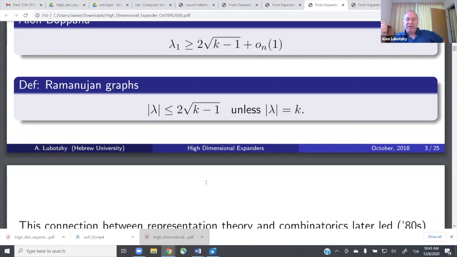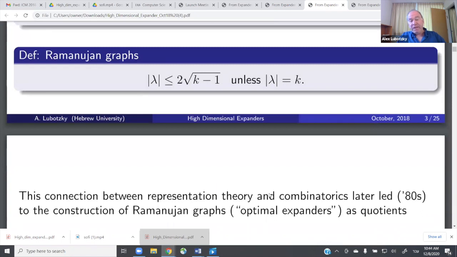In the infinite k-regular tree, if you take the adjacency operator acting on the L2 functions there, the spectrum is exactly the interval between minus 2 square root of k minus 1 and 2 square root of k minus 1. And we want that in our finite world, all the eigenvalues will be only those that in some sense come from this infinite object, and nothing new. That's maybe a way to remember why this number is important.